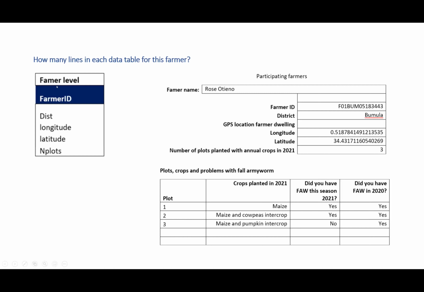For the farmer ID, how many lines will there be for this questionnaire in the farmer level data? And you can type it on the chat. How many rows will we have in the farmer table from this questionnaire?